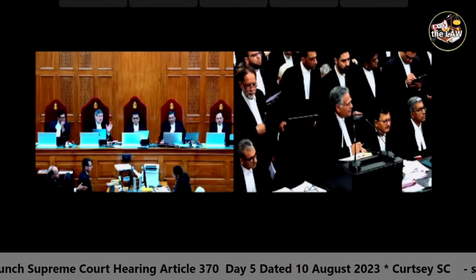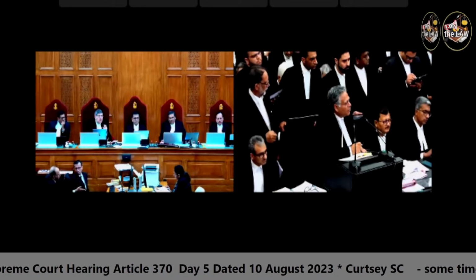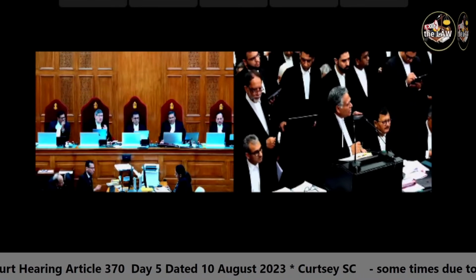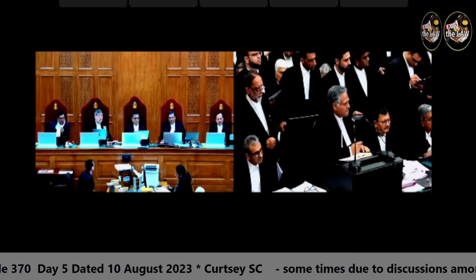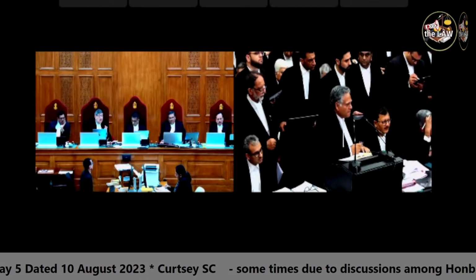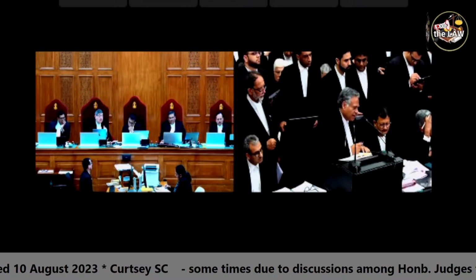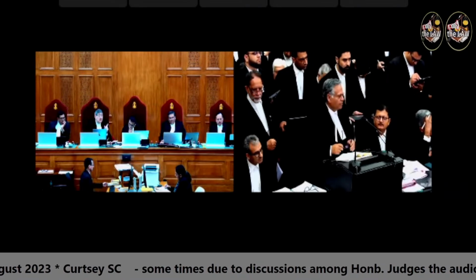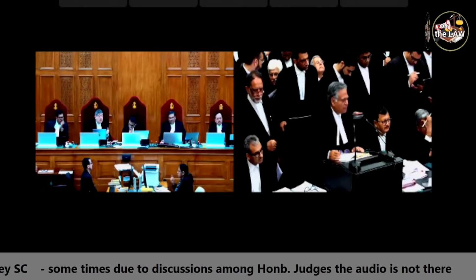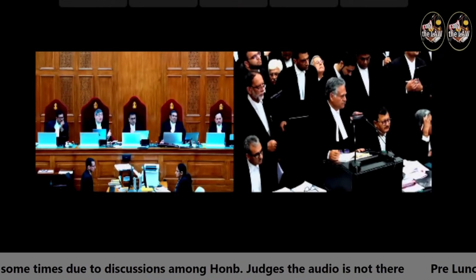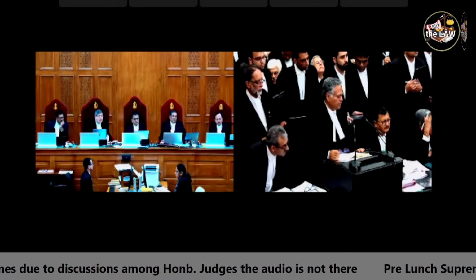The process is a separate thing. Therefore, to say that 370 has such a permanent character in the Constitution that it can never be amended would be a very, very difficult proposition. Because suppose the state itself says that we want all laws to apply to 370.